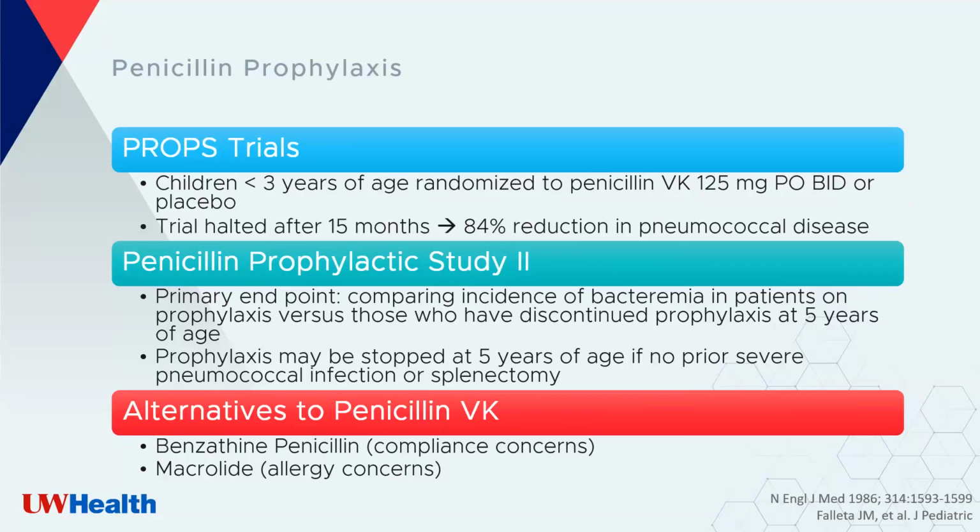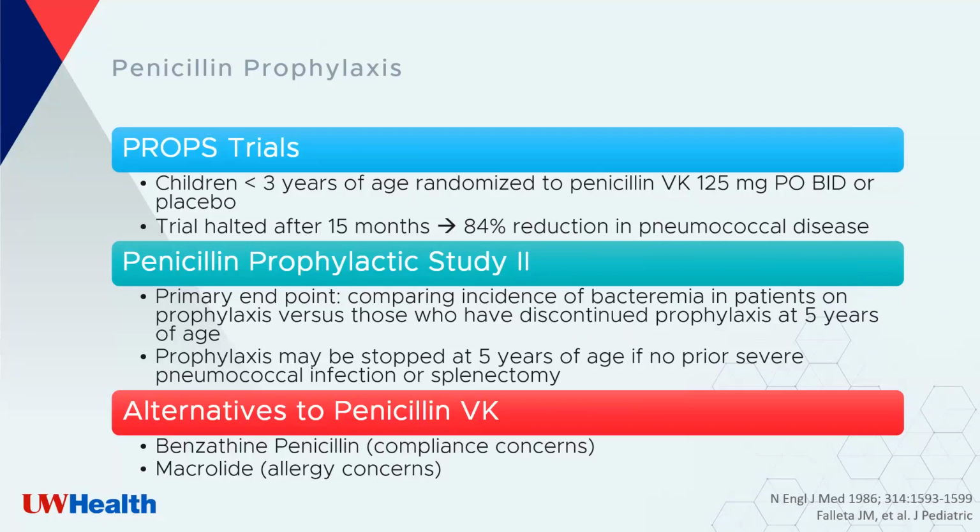And so there was a second study, a follow up for this trial, where really the primary endpoint was comparing incidence of bacteremia in patients on prophylaxis versus those who had discontinued prophylaxis at 5 years. And so in this study, 6 children had a systemic infection caused by strep, 4 in the placebo group and 2 in the continued penicillin group.